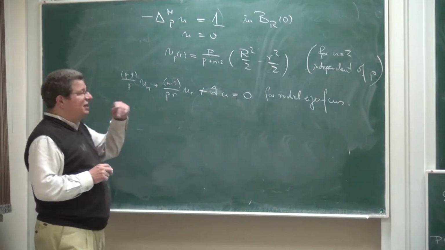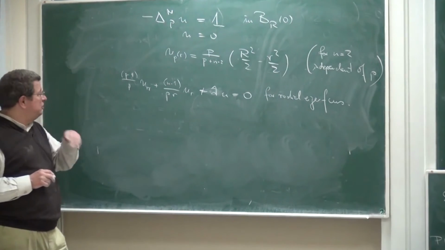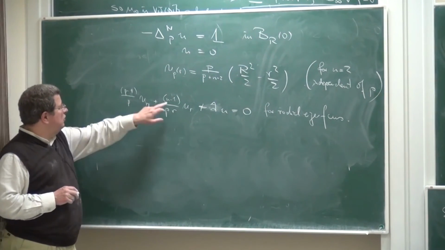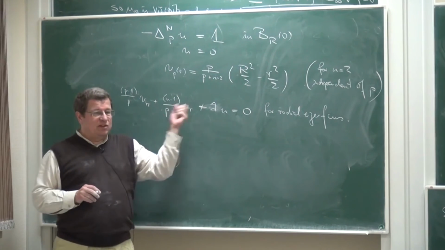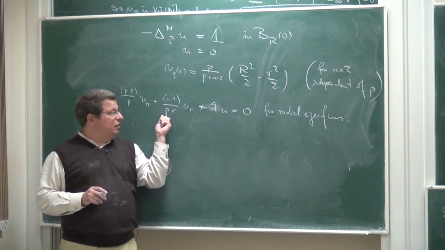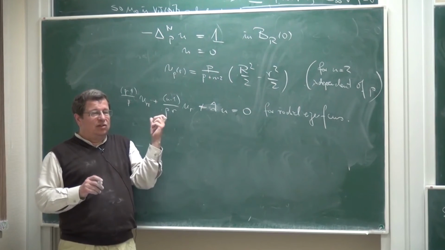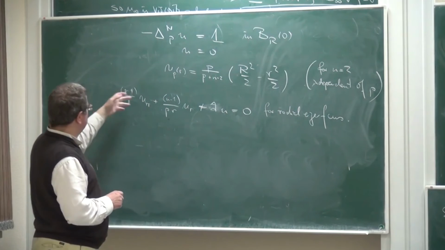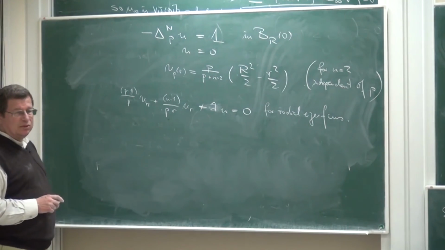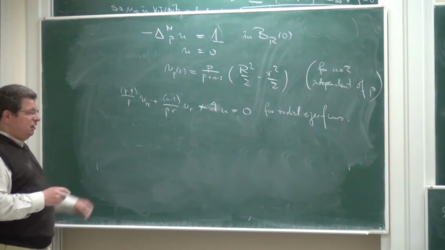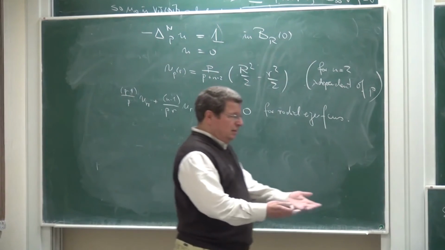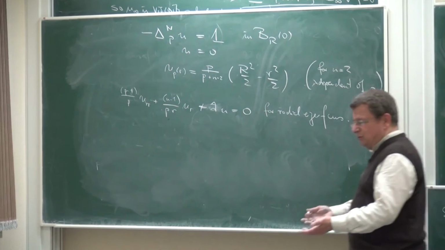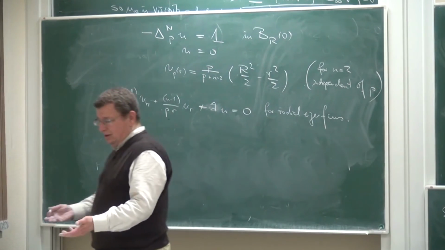Well, this looks a little bit like the Bessel equation, except that you have a p minus 1 over p here. So you bring that constant over here, and then it is a Bessel equation. It's the Laplacian equation in some space of fractional dimension. The number n minus 1 here is replaced by n minus 1 over p minus 1. And then in this space of fractional dimension, you can look for solutions of the Bessel equation.